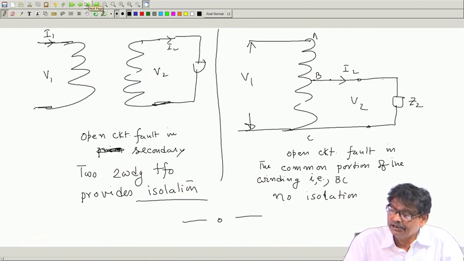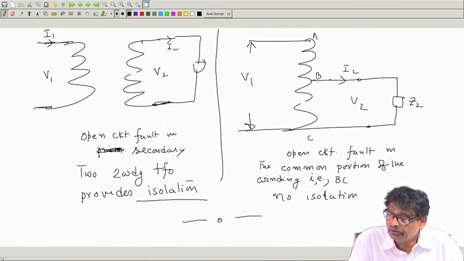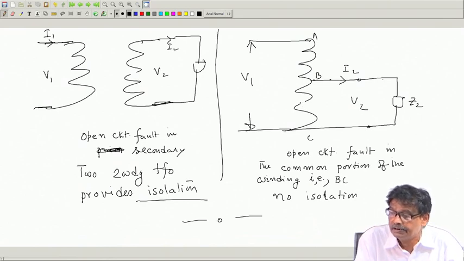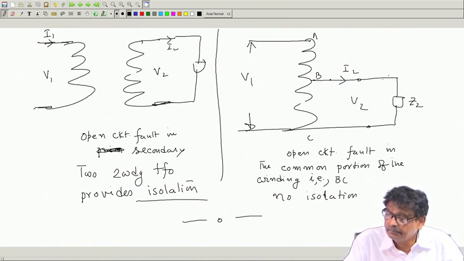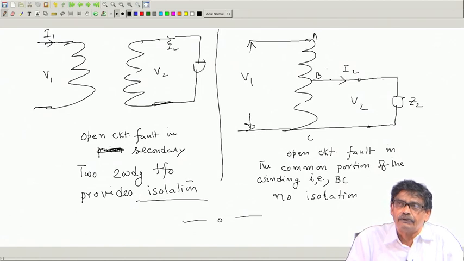But that is not the case if an open circuit fault occurs in the N 2 turns, that is the common portion of these windings of an auto transformer. Even if it becomes open, primary energized, this high voltage may appear across this. Of course, this voltage minus whatever is the drop here will appear across the load.